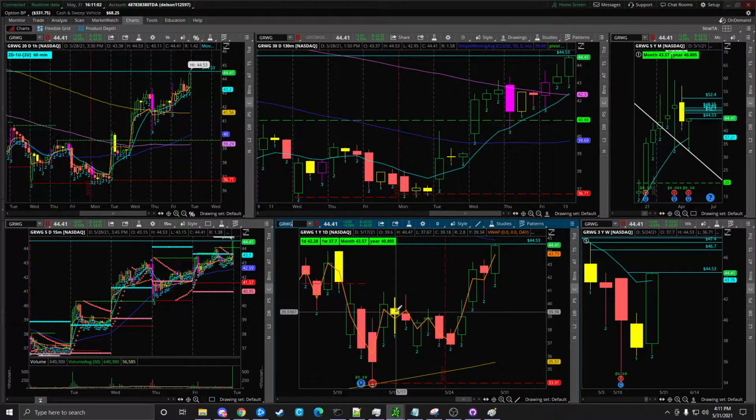So this bar, this day on the 17th, the range of Grow Generation was inside the day of the previous bar. And as you can see, the next day on the 18th, it took out the high barely by like 20 cents, if that. And so this would be considered a 2 up because it took out the high of the previous bar.